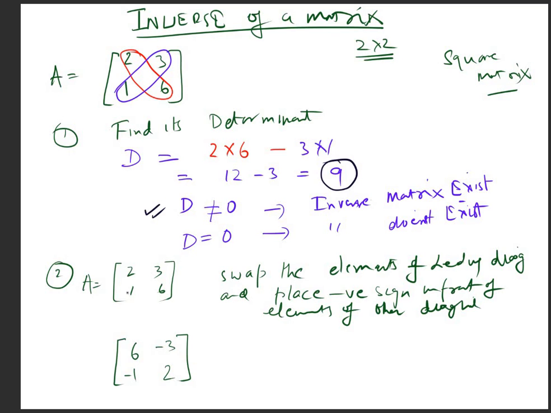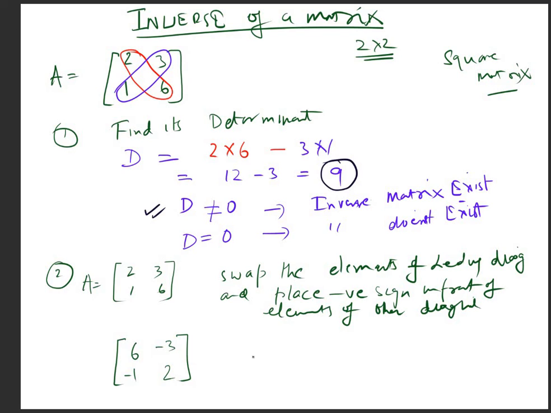Suppose you would have a negative against your elements in the other diagonal, then placing another negative in front would have turned it into a positive. So always take care of that.